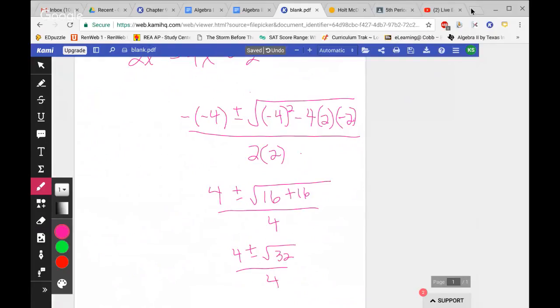Actually, I can simplify this radical to be 4 plus or minus 4 times the square root of 2, all over 4. So all of this actually cancels. It becomes 1 plus or minus the square root of 2.